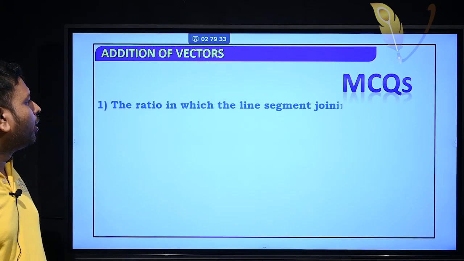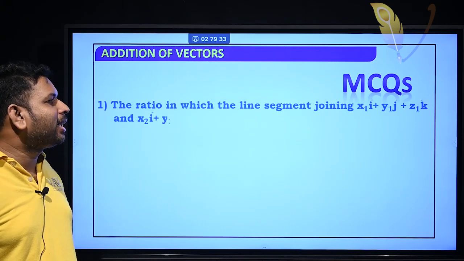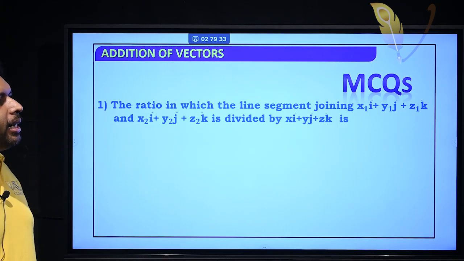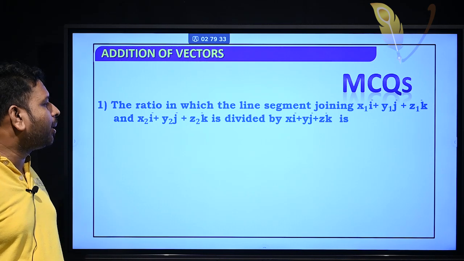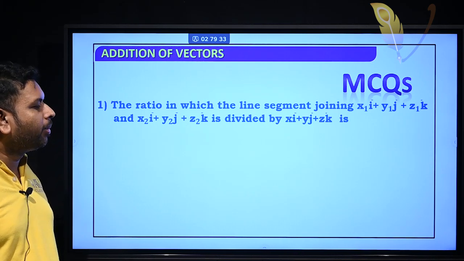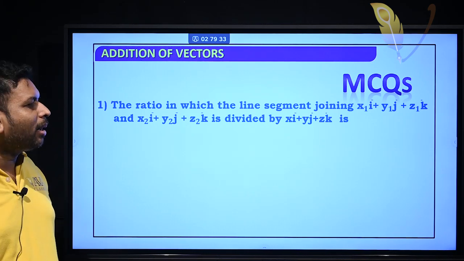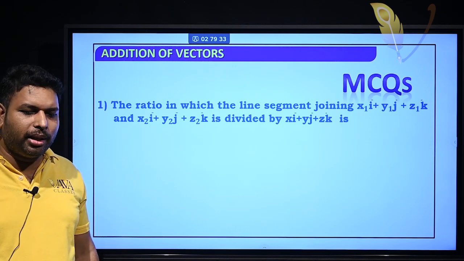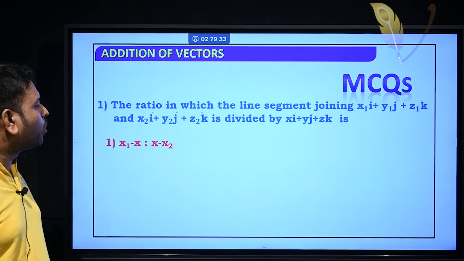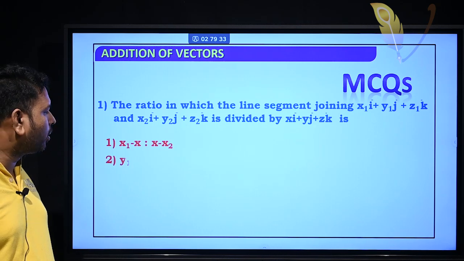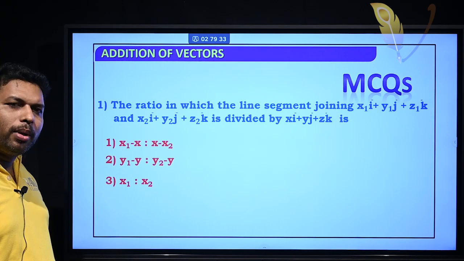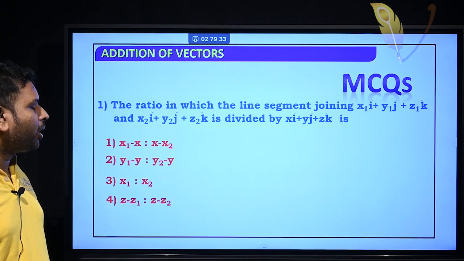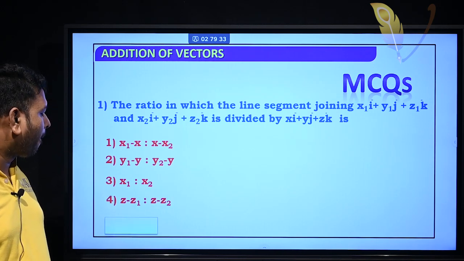Now MCQ. The ratio in which the line segment joining x1 i cap plus y1 j cap plus z1 k cap and x2 i cap plus y2 j cap plus z2 k cap is divided by x i cap plus y j cap plus z k cap is: x1 minus x is to x minus x2, y1 minus y is to y2 minus y, z minus z1 is to z minus z2.